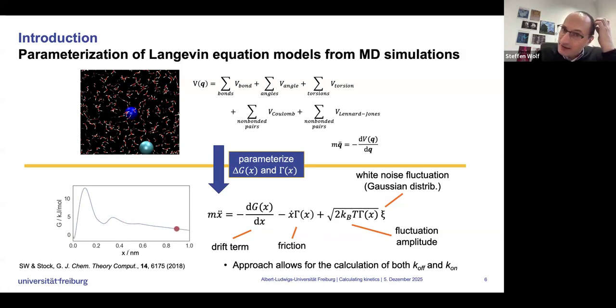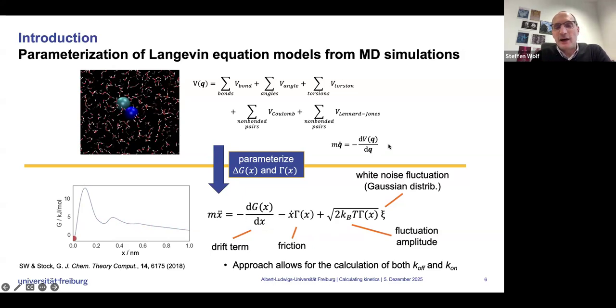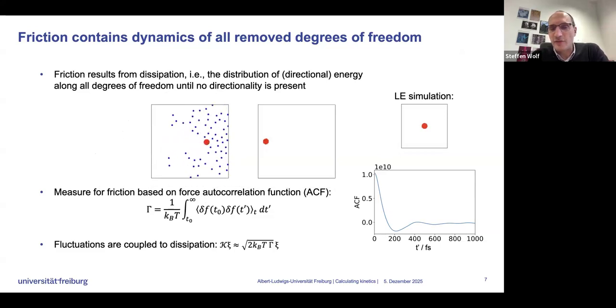And just to give a very quick overview about what this friction term is. Friction, of course, you are familiar with from everyday situations, but what is that in the framework of an atomistic simulation? To give you a better overview of what we want to use this friction term for, here you see on the left side a simulation where I have a red van der Waals sphere and I just throw that into another bunch of blue van der Waals spheres and let it collide with the remainder of them.